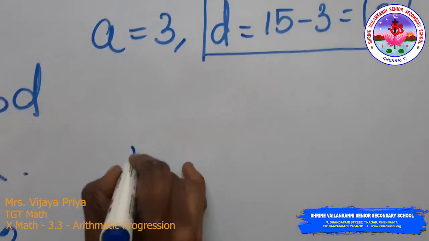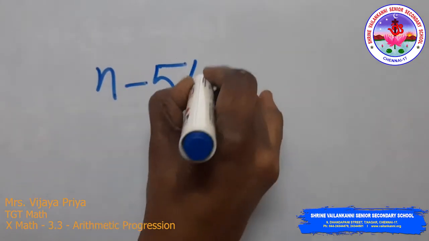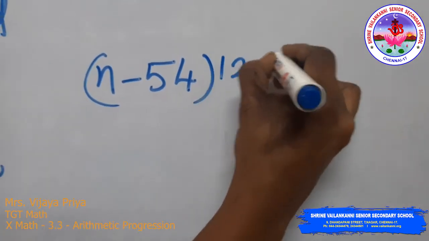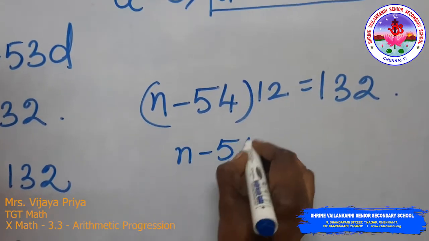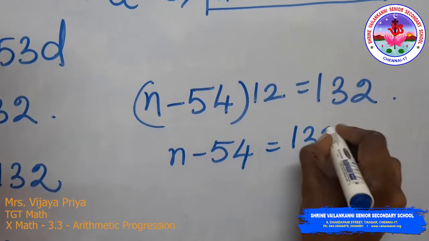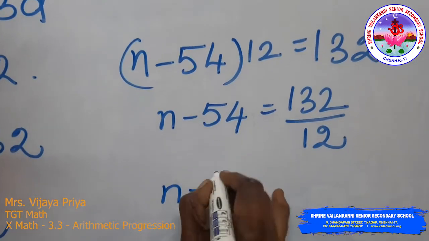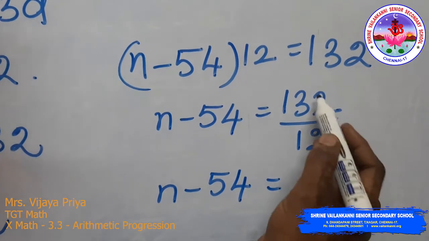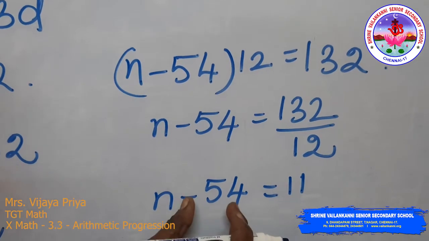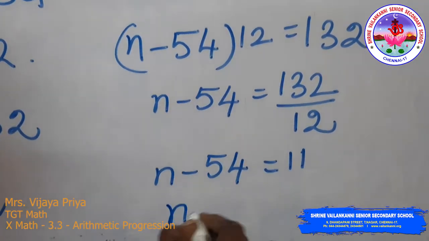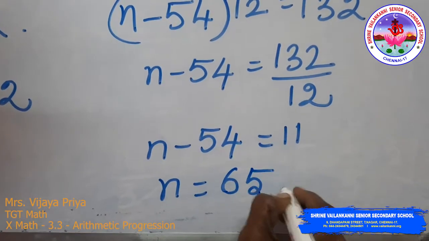So n minus 1 minus 53 becomes n minus 54, into 12 is equal to 132. n minus 54 is equal to 132 divided by 12, so you will have the answer 11. Bringing minus 54 to the other side, I will get 11 plus 54, which is equal to 65.